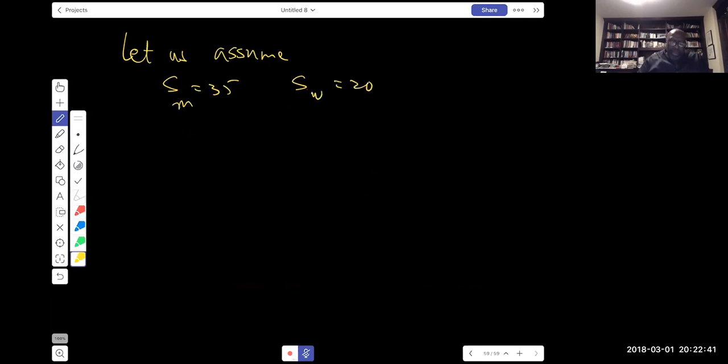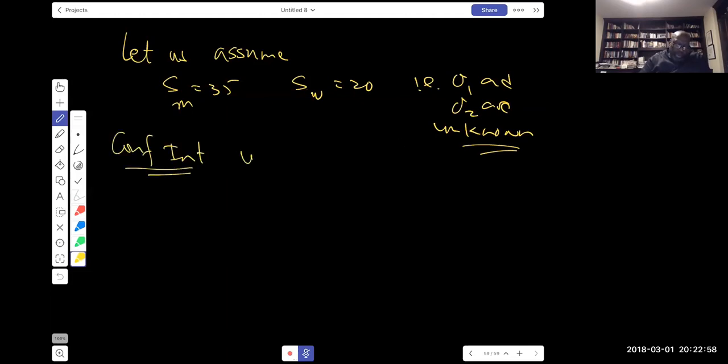So sigma 1 and sigma 2 are unknown. What would change for us? Well, in terms of the confidence interval, we would use T. Why?